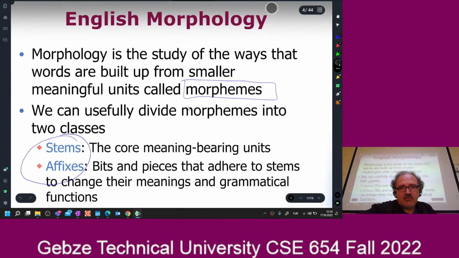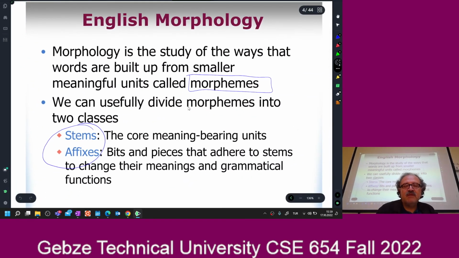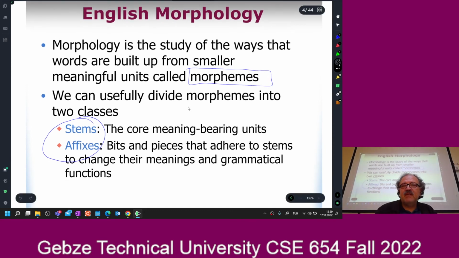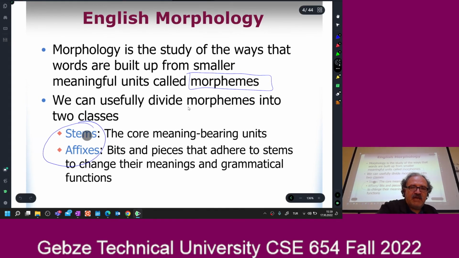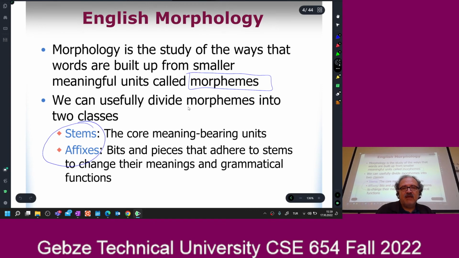Let's start talking about this, which is a common thing for all languages, okay? Morphology is the study of the ways words can be built up from smaller meaningful units. They are called morphemes. Morphemes are basically stems and affixes, kökler ve ekler. Affix means it's an ek. It could be a prefix or suffix, ön ek, son ek, okay?